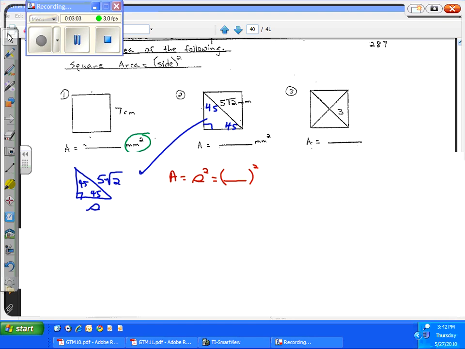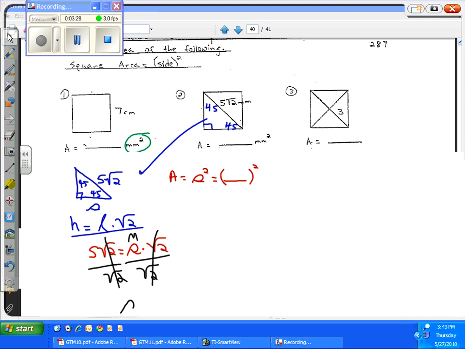Now we're looking for the length of a side, which is a leg. In a 45, 45, 90 triangle, hypotenuse is equal to leg times the square root of 2. So we take hypotenuse 5 square root 2 is equal to the leg, which is a side, times square root 2. We want to isolate the s, and so we divide by square root 2. They cancel, and so we get that the side is 5.